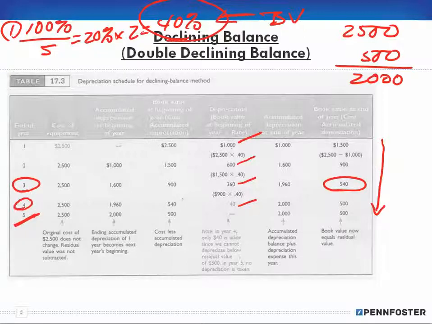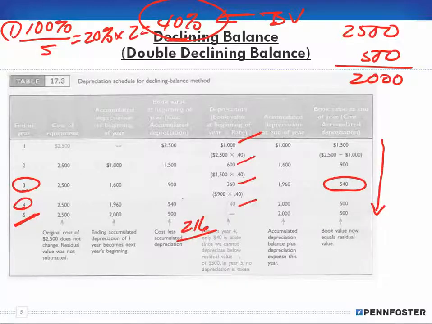So when I go into year 4 and do my calculation, you'll see the calculations in a bit, the depreciation expense tells me I should be able to take $216 of depreciation. But I can't do that. It's $216 of the 540, but I set a limit for my salvage value of 500.